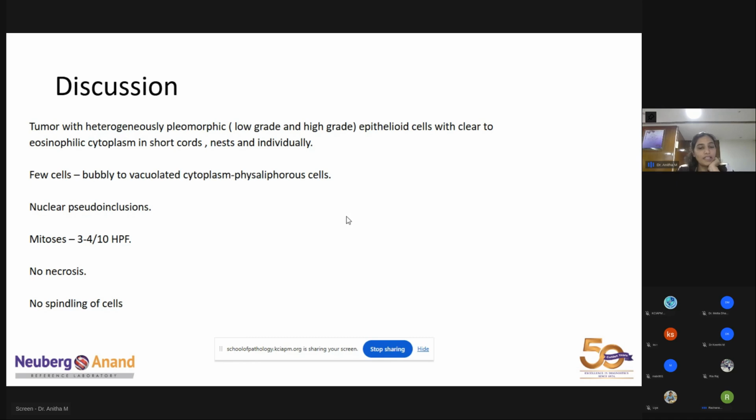Actually, there are only three entities: conventional slash chondroid chordoma, poorly differentiated, and dedifferentiated. In poorly differentiated, you see classical chordoma and sarcoma-like areas. In dedifferentiated, you see a biphasic appearance. Poorly differentiated shows sheets of epithelial cells with rhabdoid morphology, and this tumor has SMARCB1 loss.